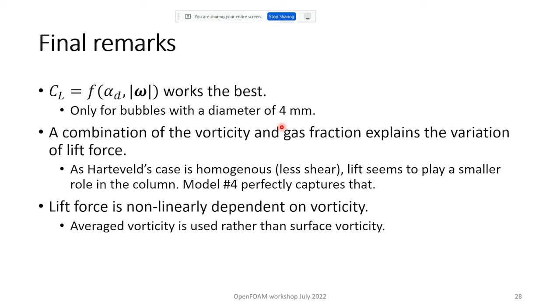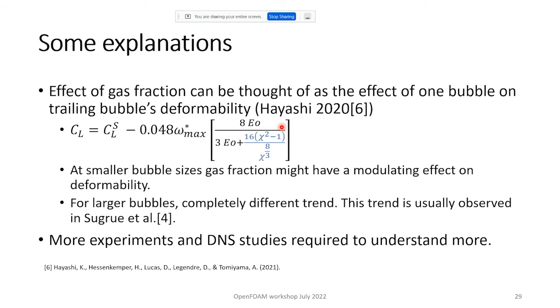We only have data for bubble diameter of 4 millimeter. So we conclude that the lift force is non-linearly dependent on vorticity. So we have a relation, but does it make sense? I don't know.